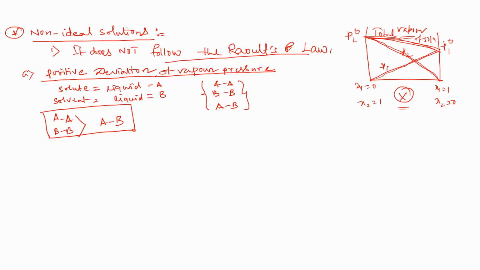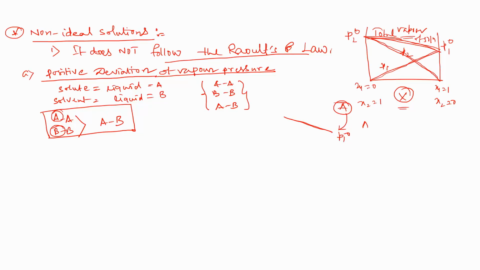But how will it be a positive deviation? When the AA and the BB interaction is higher than the AB attractive interaction, the A molecules and the B molecules will find it easier to escape than from the pure state. Suppose for component A, the pure vapor pressure is P1⁰, this is the vapor pressure line.